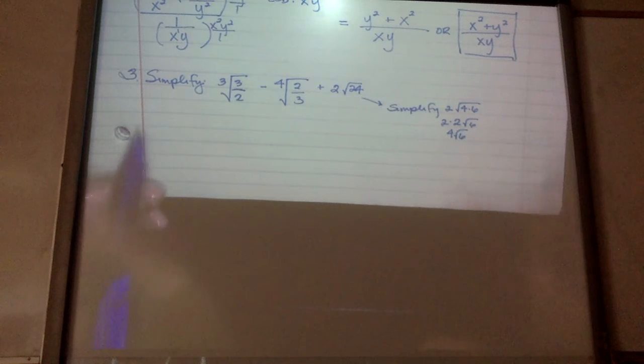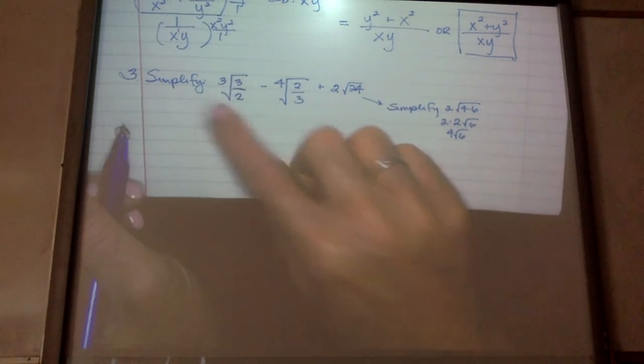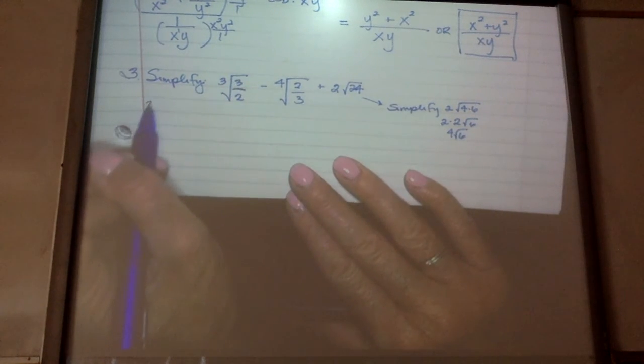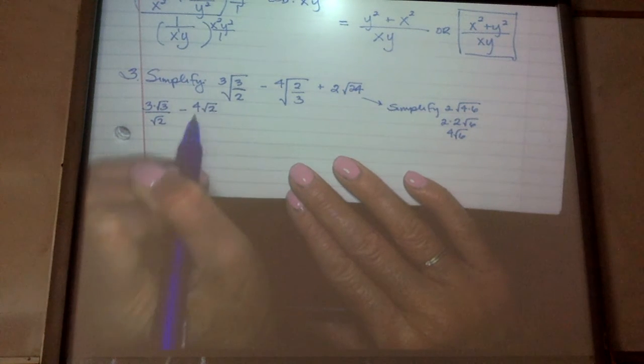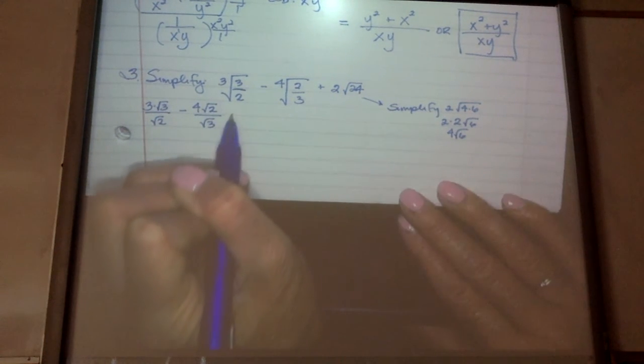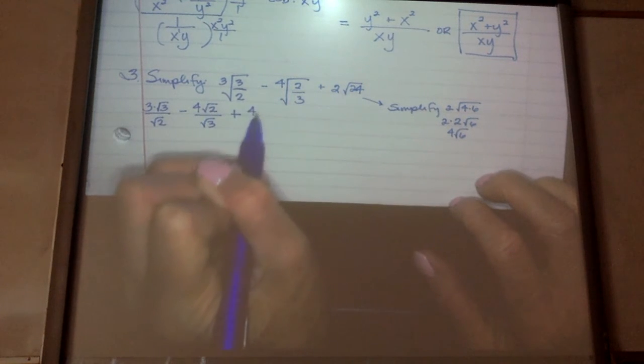What I'm going to do with the others, I'm going to break it up. So the square root of 3 over 2 is the same as 3 times the square root of 3 over the square root of 2 minus 4 times the square root of 2 over the square root of 3. And I already simplified this term to be 4 root 6.